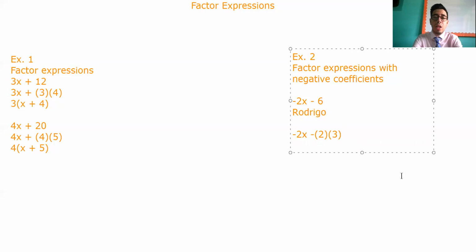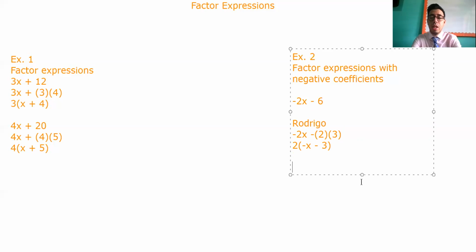But remember, they use a positive sign. Rodrigo uses a positive number. So 2 times negative x, because the negative is going to pass to the x, minus 3. This is what we have for Rodrigo, because Rodrigo is factoring the expression, but the factor he takes is the positive 2.